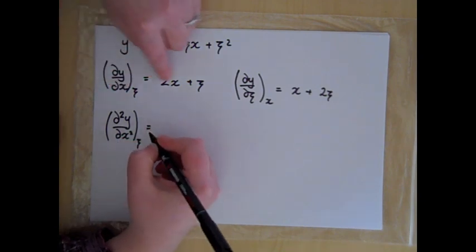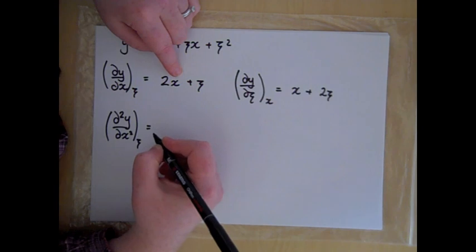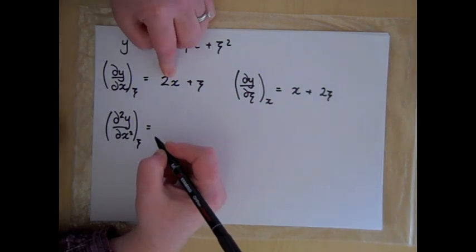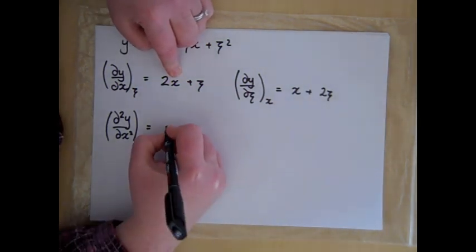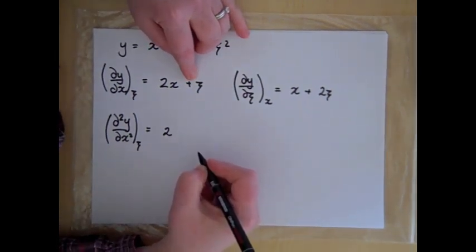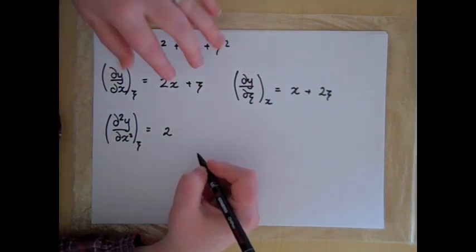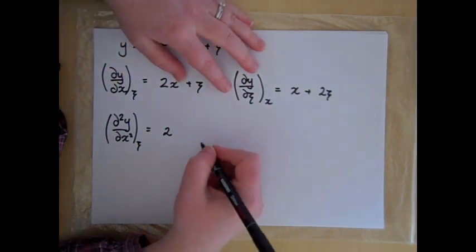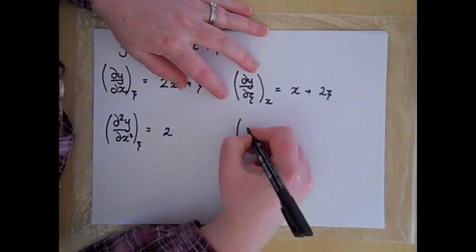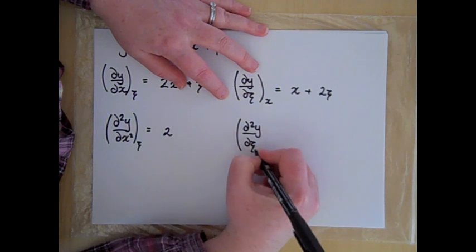So I'm just going to differentiate this function with respect to x. I differentiate 2x, the x disappears, leaving me with 2. And I differentiate a constant, and that leaves me with 0.